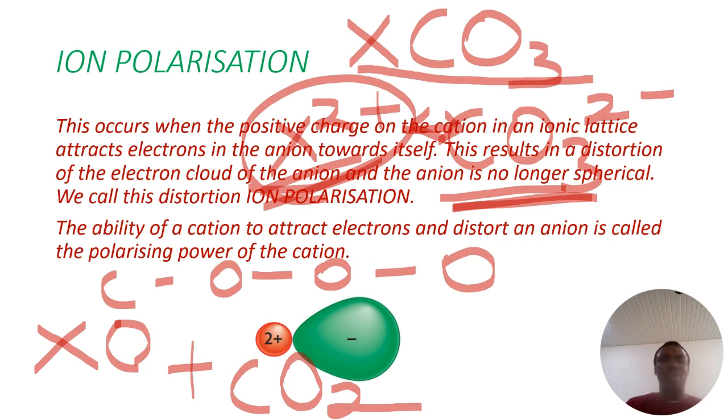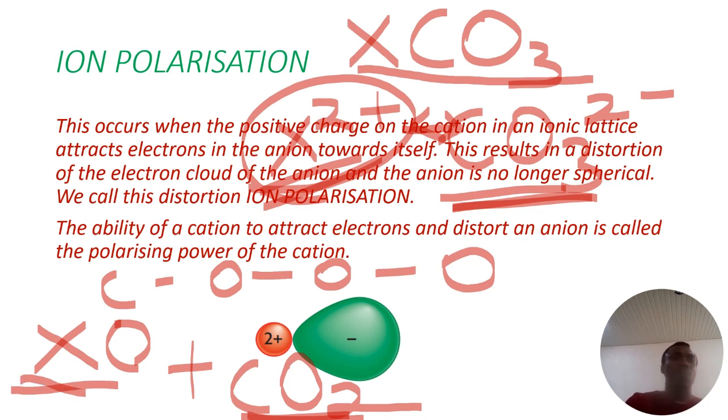So if the cation is highly charged, it will distort the anion to a greater extent, so that the bond between the carbon and the oxygen is weakened. It stretches it, so it distorts the anion. That distortion is what we call ion polarization. So the compound can easily decompose, break down to its oxide, XO, and carbon dioxide.